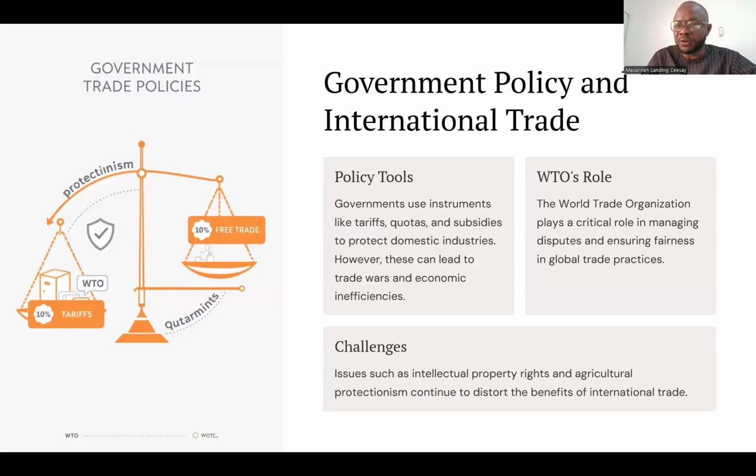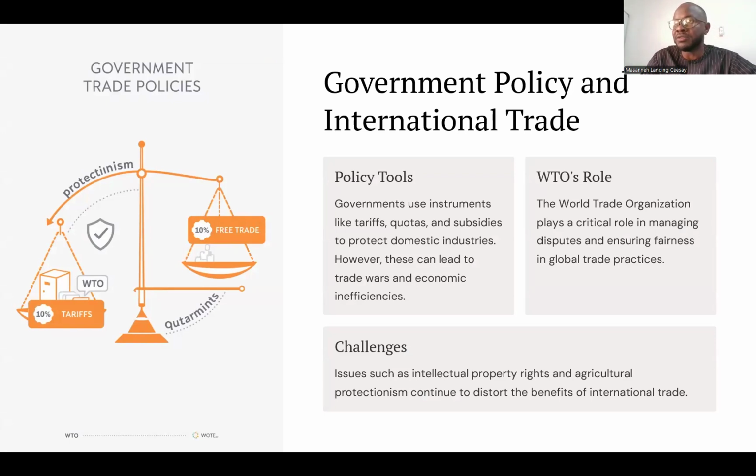So governments need to navigate this very delicate balance. They want to ensure that their citizens have access to things that are not produced within the country, but they're also cognizant of the fact that they need to protect their domestic industry.